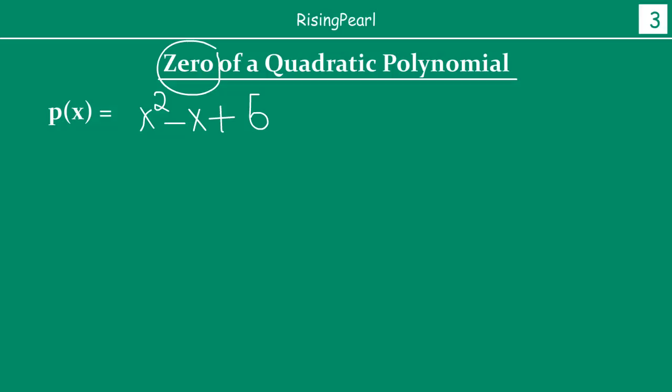For a quadratic polynomial, it is pretty much the same way, because we are trying to find out what value or values of x will make this polynomial 0, right? In other words, we are going to solve the equation x squared minus x minus 6 equals 0, to find out what value or values make this polynomial 0.